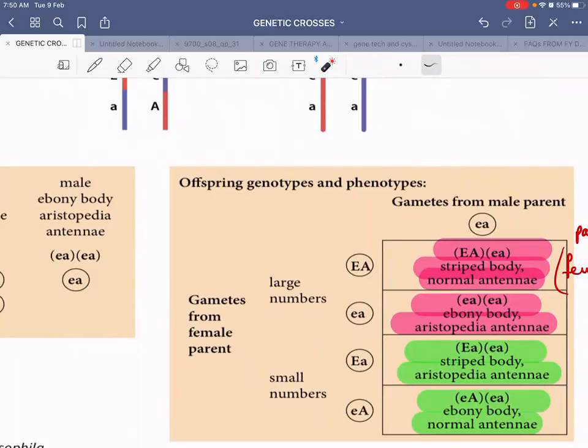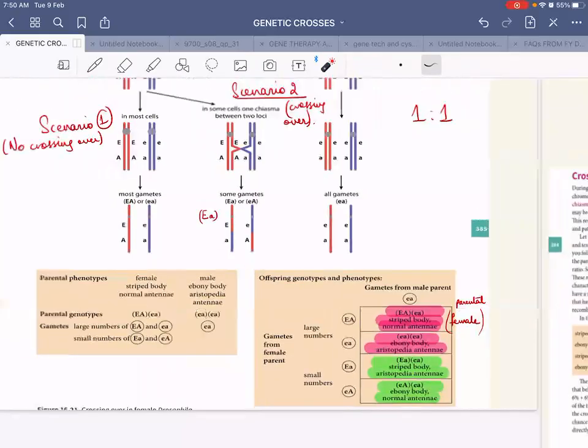But if the number of the recombinant phenotypes is more, then this means that there is more than one chiasma formation, और बहुत सारी जगहों पे crossing over हुई है, right?